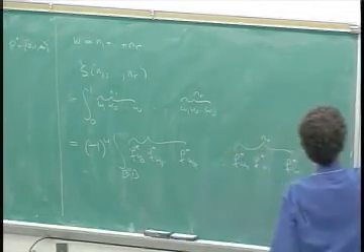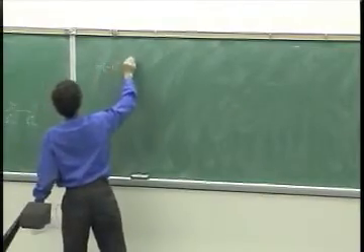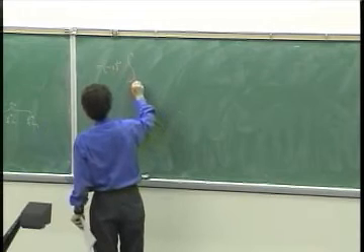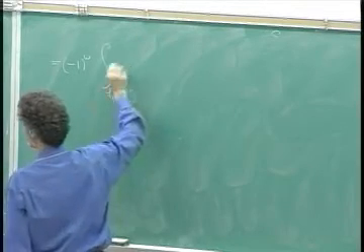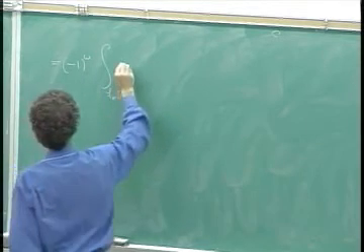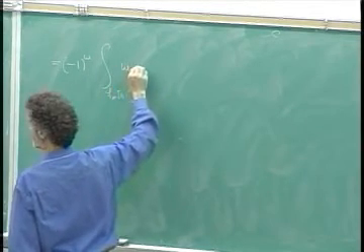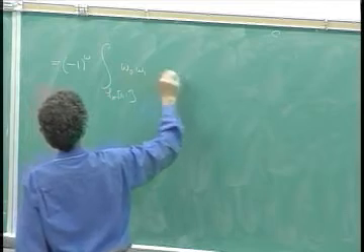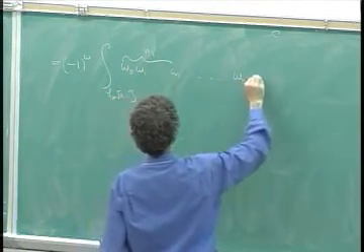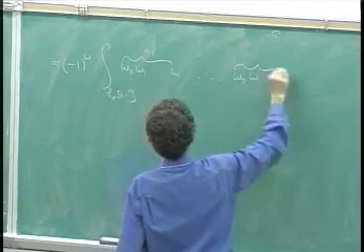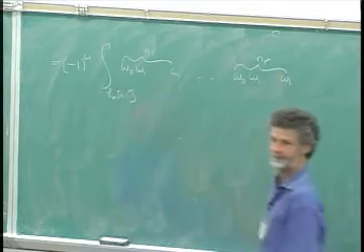That says this would be equal to minus 1 to the weight times the integral over f of the path 0, 1, and now it's going to be omega 0, omega 1, omega 1, and so on.